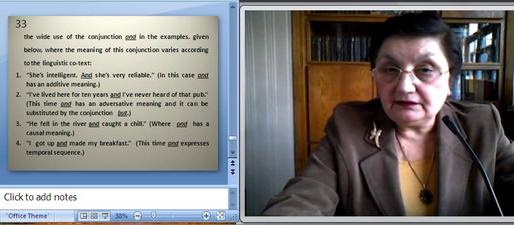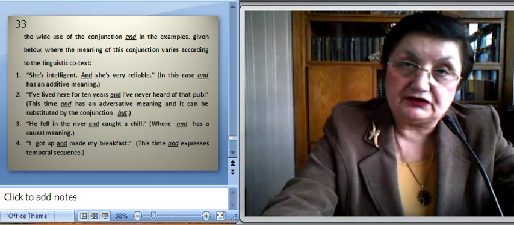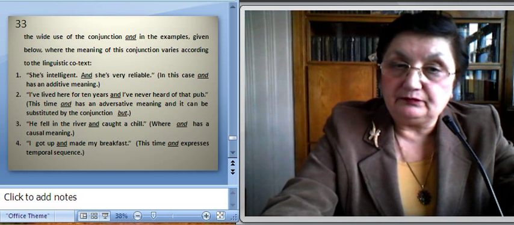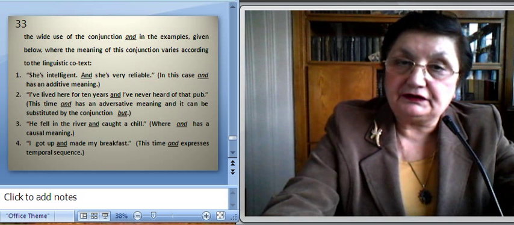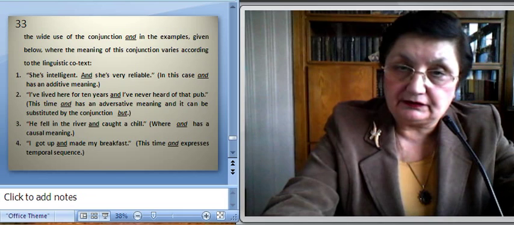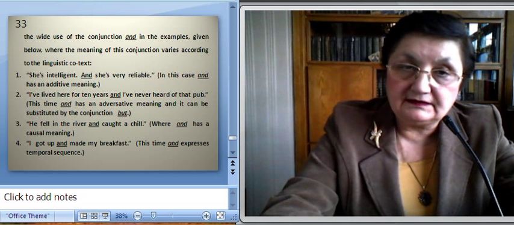The third sentence. He fell in the river and caught a chill, where the conjunction and has a causal meaning. And the last sentence. I got up and made my breakfast. This time, the conjunction and expresses temporal sequence.